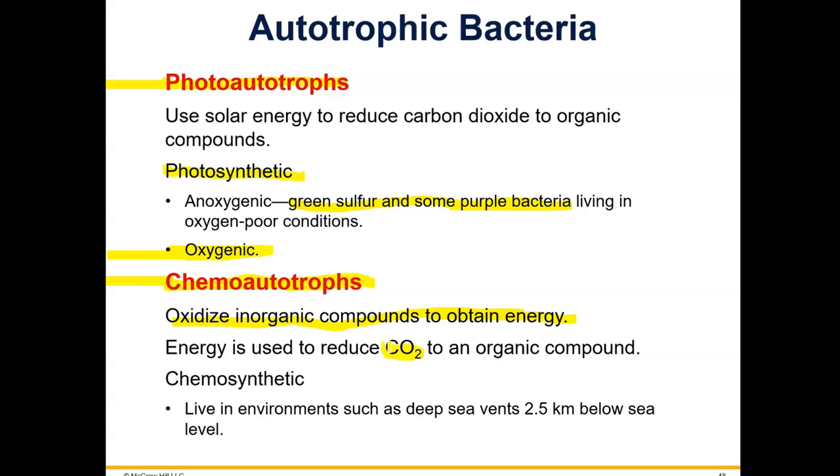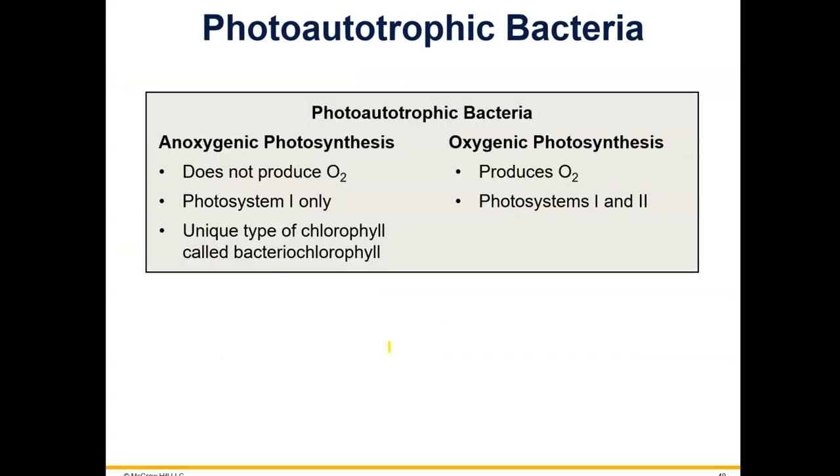We have some that live in deep sea vents, like 2.5 kilometers below sea level, which is at least a mile below sea level. So that's where it's very hot, very acidic, and they break down sulfur compounds a lot of times for energy to convert carbon dioxide into food.